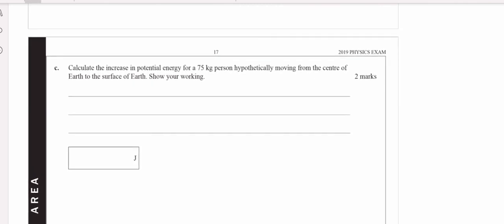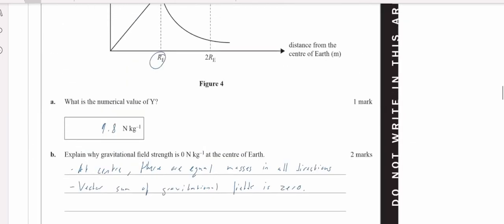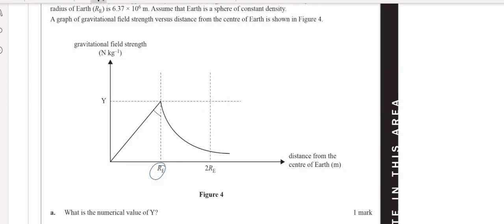Calculate the increase in potential energy for a 75 kilogram person, hypothetically moving from the center of Earth to the surface of Earth. So for that, it's just this area.